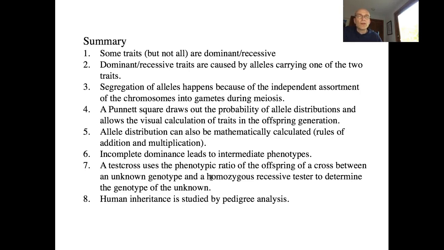So you can try those out in multiple ways, write them down in Punnett squares, in simplified Punnett squares, and then determine what must be the correct genotype of the parent. And then we looked at human inheritance and how that is used to study pedigree analysis, or how pedigree analysis is used to study human inheritance.